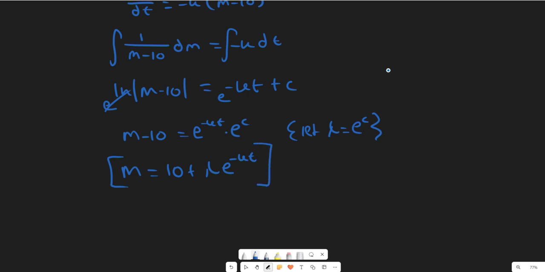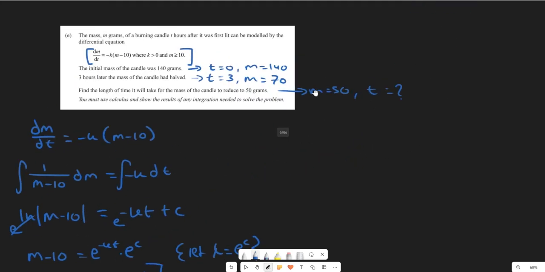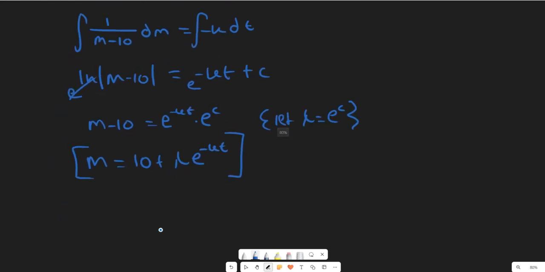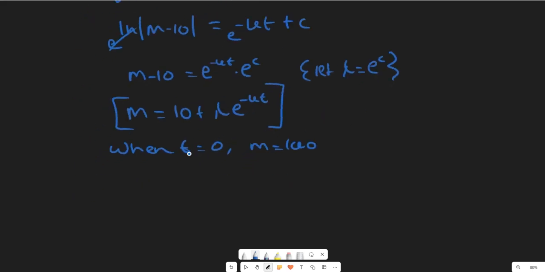Sweet. Now what we can do is start to make the equation fit for whatever our scenario is. And so we're going to start by subbing in t equals 0 and M equals 140. So when t equals 0, M is equal to 140. And so 140 is equal to 10 plus lambda e to the negative k times 0, right?